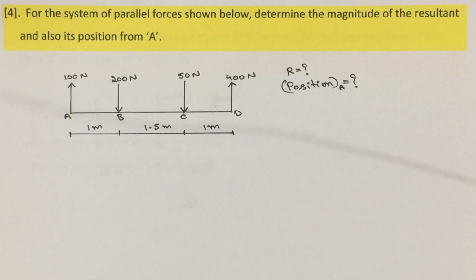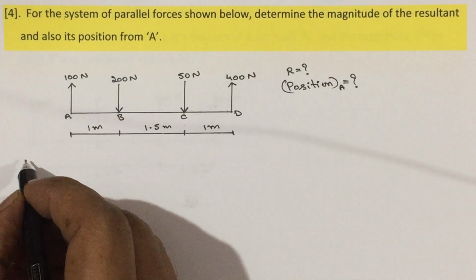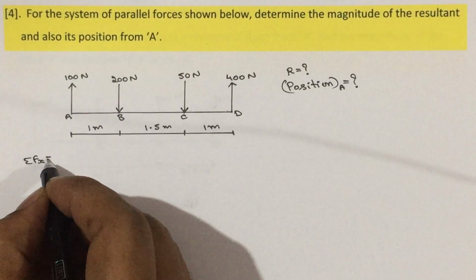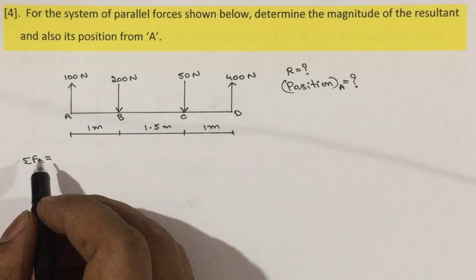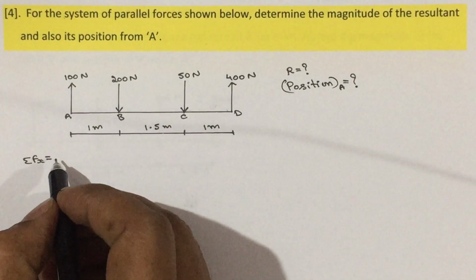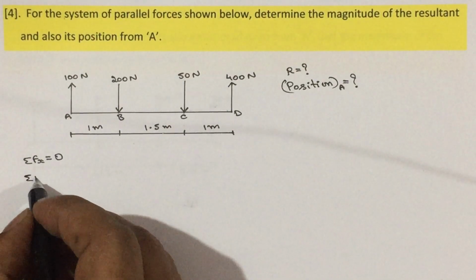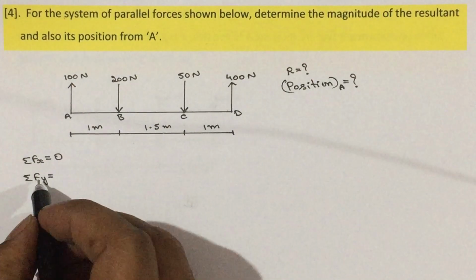Next step is sigma fx and sigma fy. Let us calculate. Sigma fx means only the horizontal force and horizontal component. Since all are vertical, it will become 0. Next, sigma fy means vertical force and vertical component.